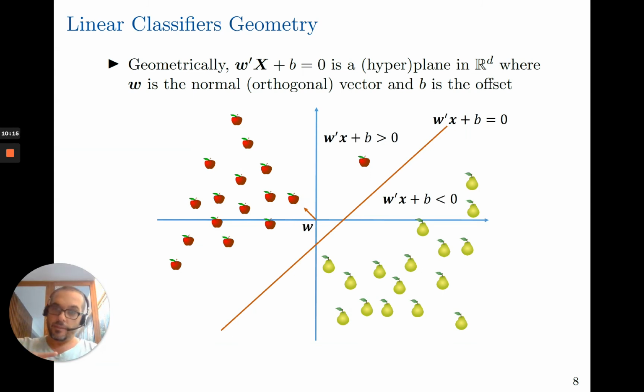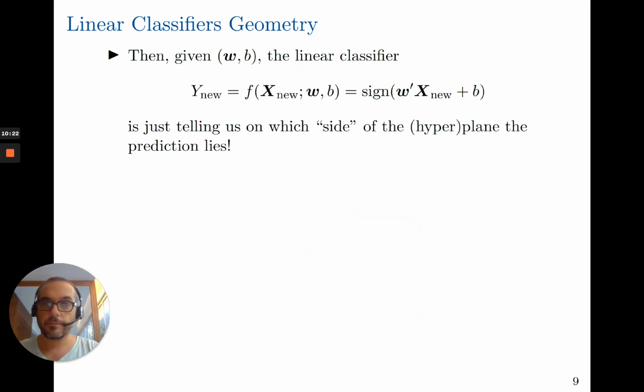We have the apples on one side and the pears on the other side. If we have a new individual, we classify it by applying the sign function to w transpose x new plus b. So the method just tells on which side of the line this new observation lies.